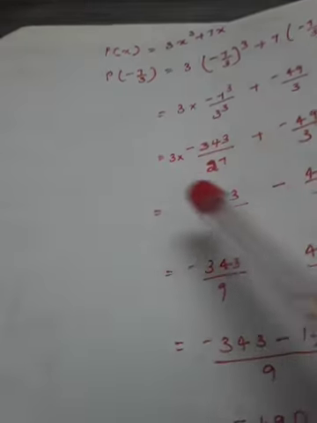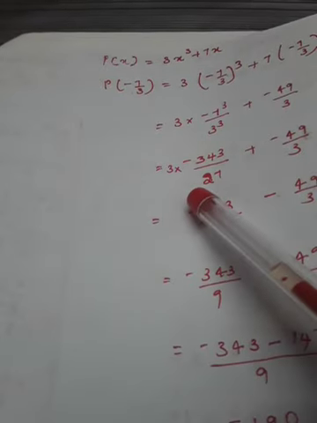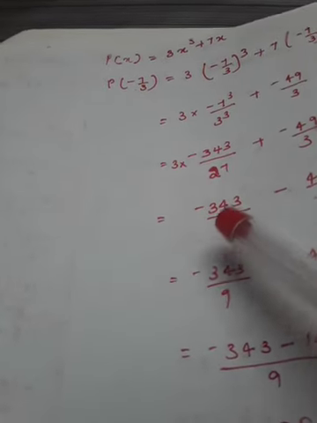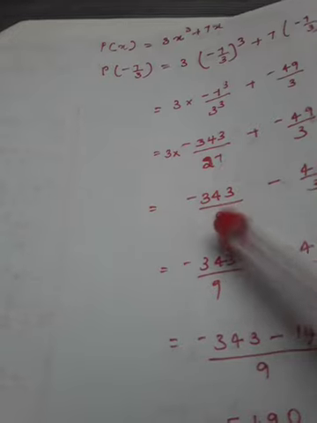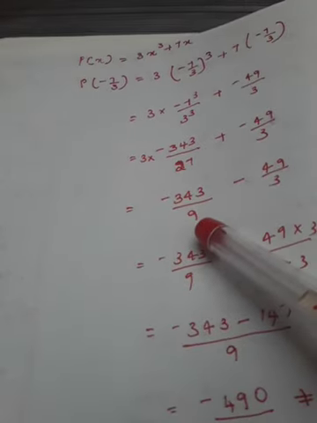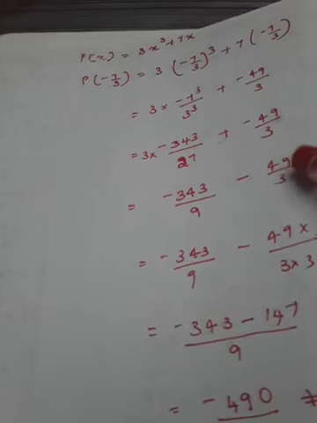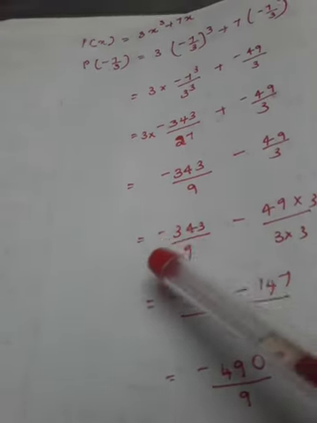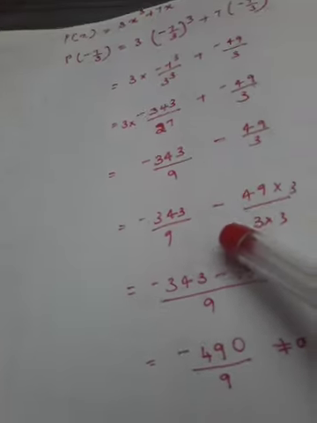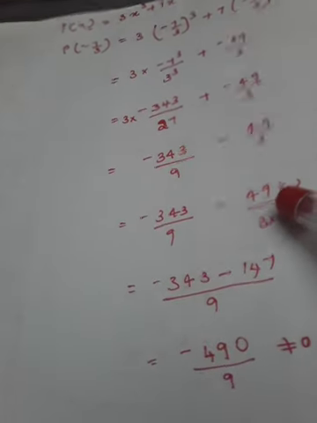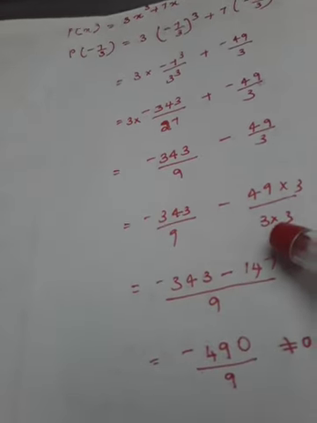Okay. Then next, this 3 and 27 will cut. Then what we will get, denominator as 9. So negative 343 by 9. Then positive into negative, negative 49 by 3. So negative 343 by 9 minus 49 into 3 by 3 into 3.